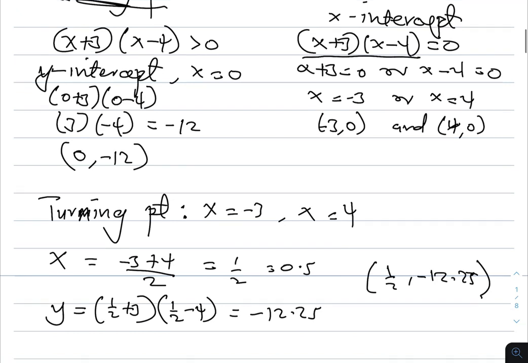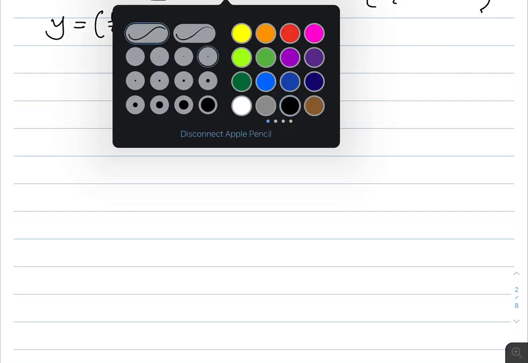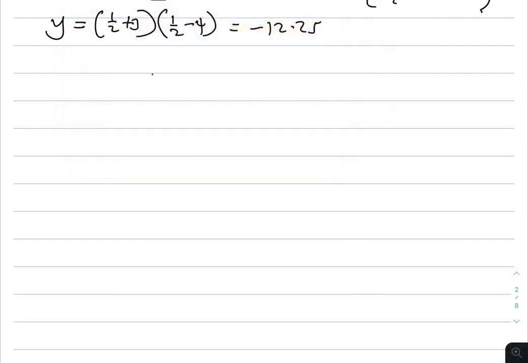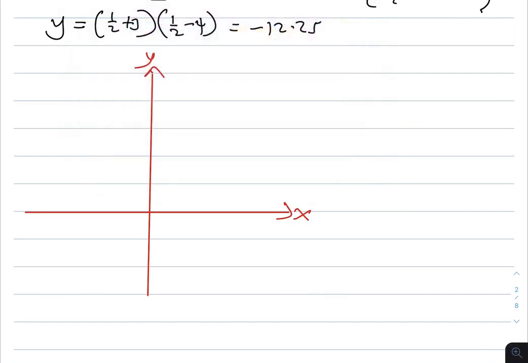Now we go and sketch. Let's use red to sketch. I like red because it stands out. So this is x and that is y. Now we said that on the x-axis, we had -3 and then 4. And the turning point is around a half.